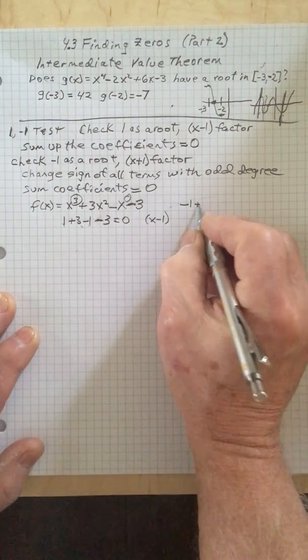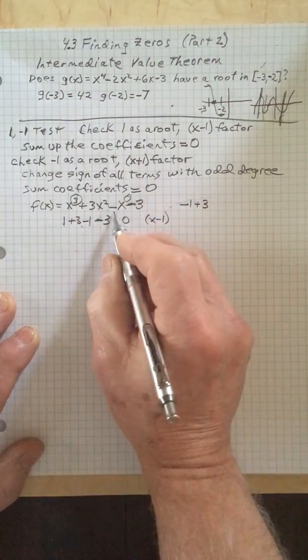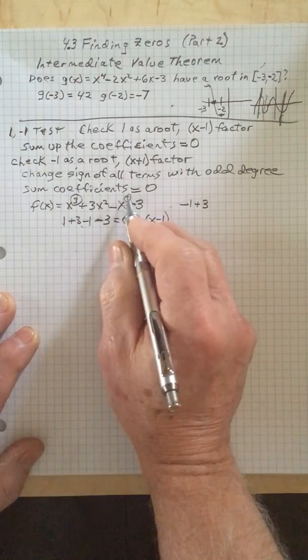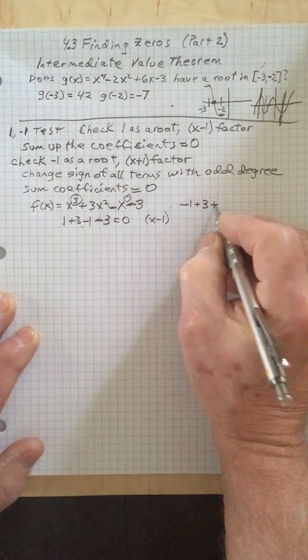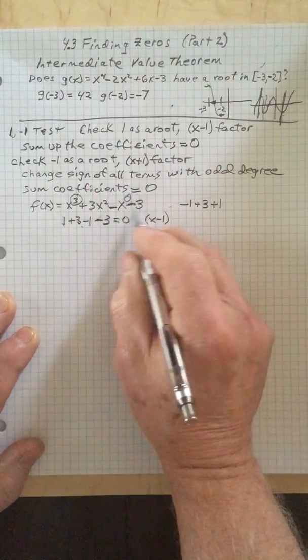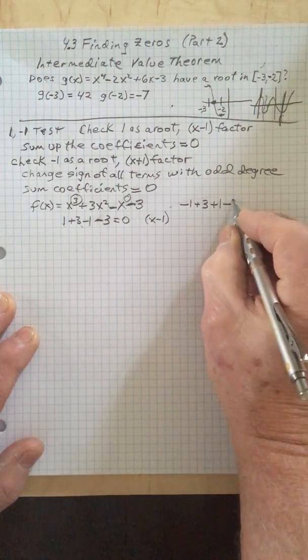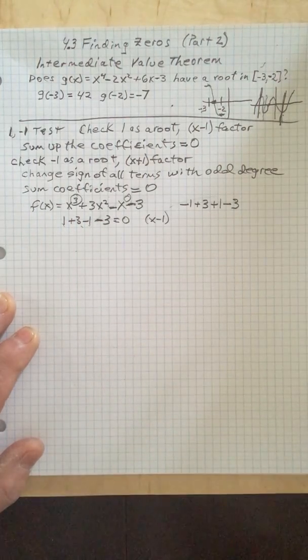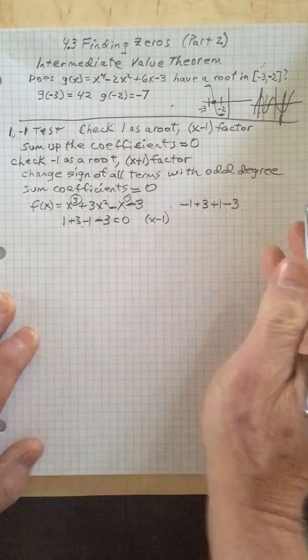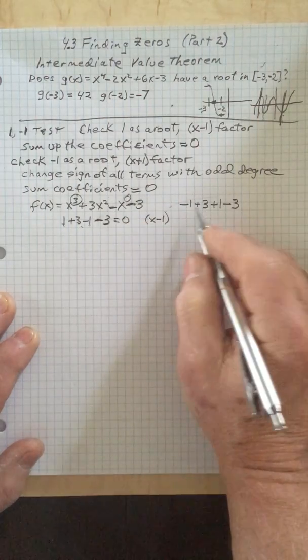It stays plus 3. That's an odd degree, it's 1. So that minus 1 becomes a plus 1. And then minus 3 is fine because the constant term doesn't enter into the test.